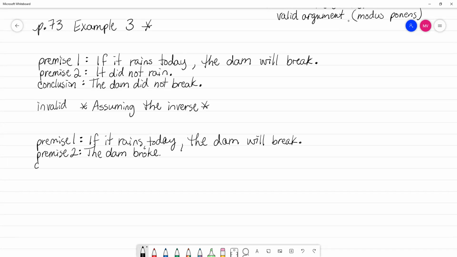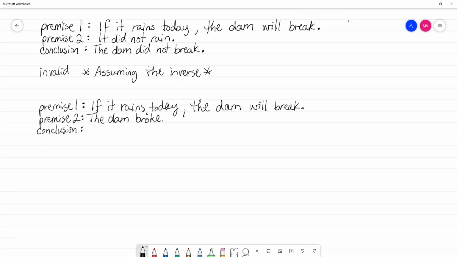So the incorrect conclusion would be it rained. But something else could have broken the dam. This is incorrect. This is assuming the converse.